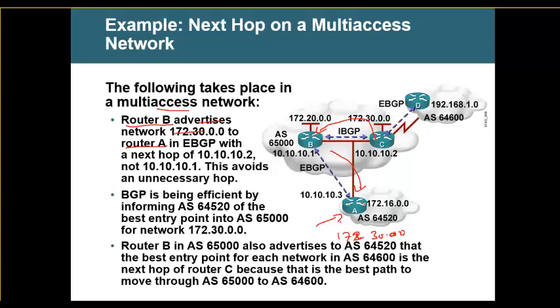So, when B advertises this network to router A in EBGP, what will be the next hop? 10.10.10.2. B will just keep the same address. See?